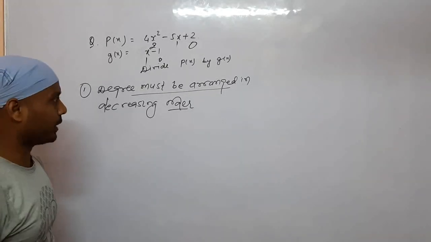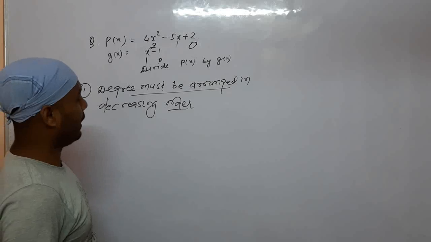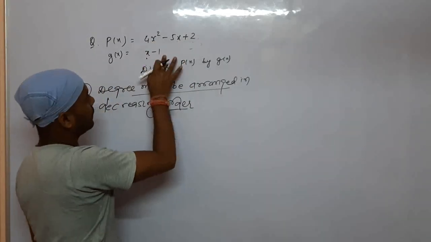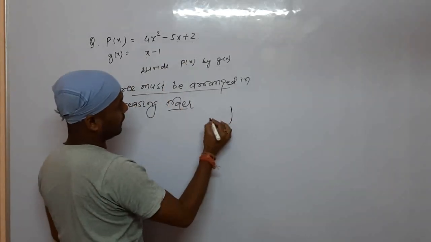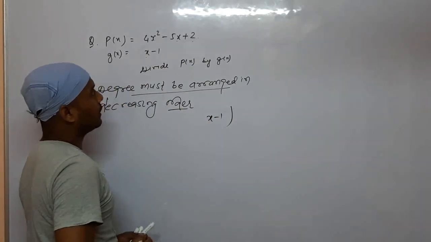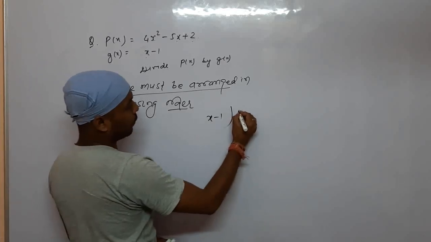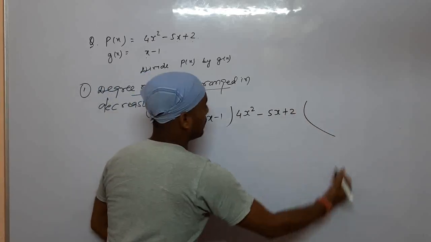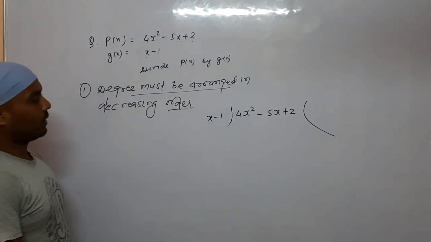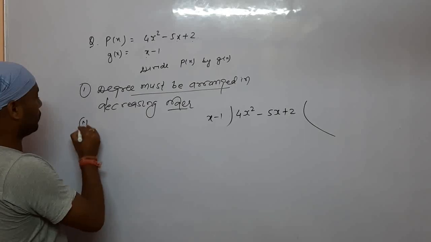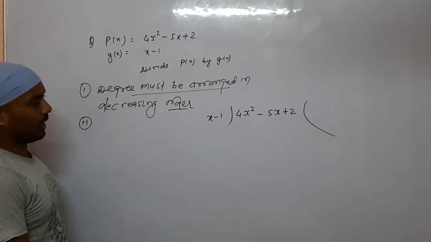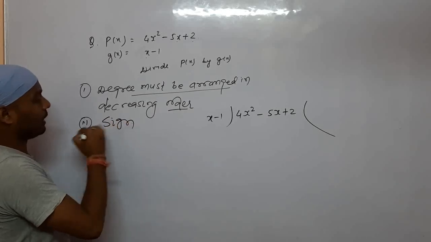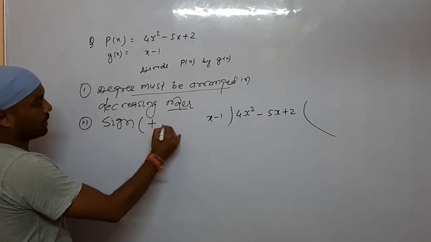Now see, you are given a polynomial to divide. Write the question in division form like this: x − 1 outside, and here you write 4x² − 5x + 2. This is your division. Second, you have to think about the sign, meaning plus and minus.